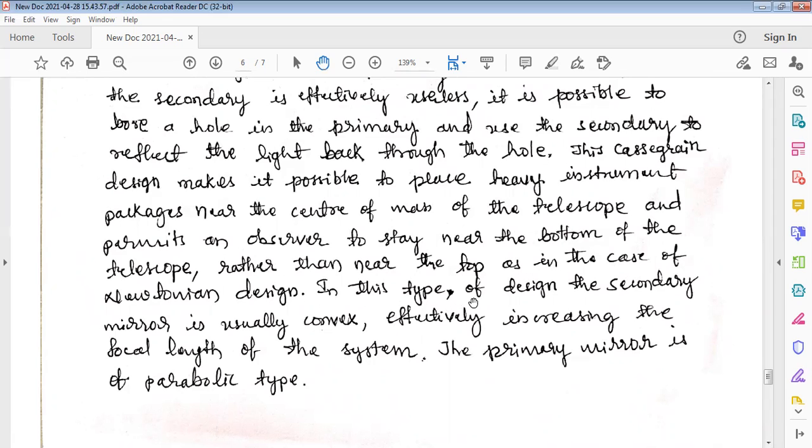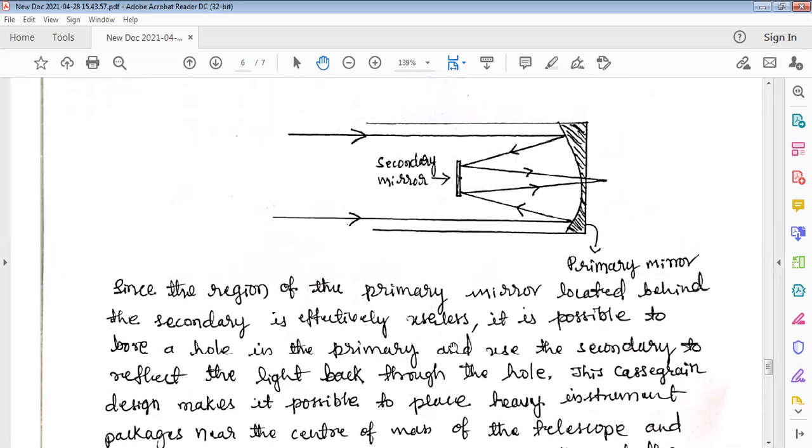In this type of design, the secondary mirror is usually a convex type, effectively increasing the focal length of the system. So here, this secondary mirror, it is a mistake. Actually, I have shown a flat one, but it is not a flat one. It is a convex mirror.